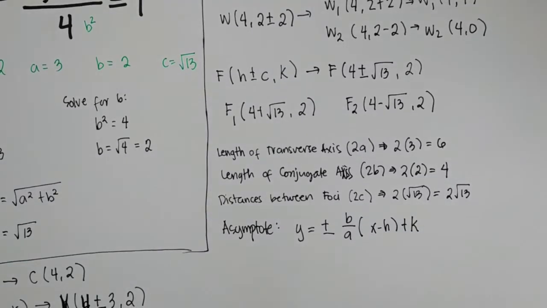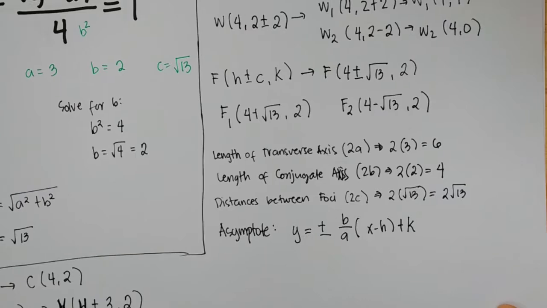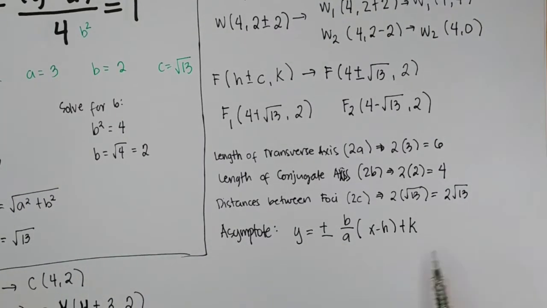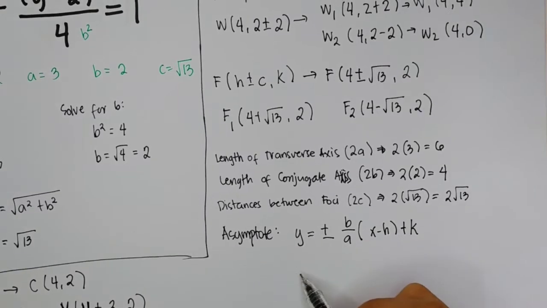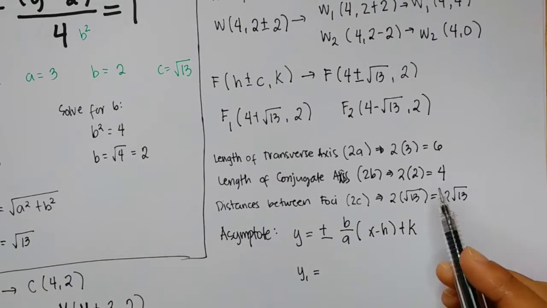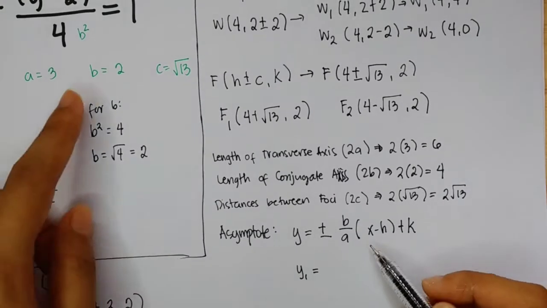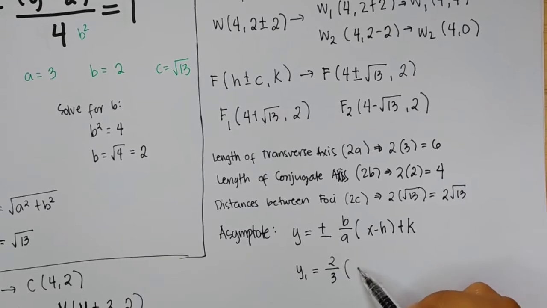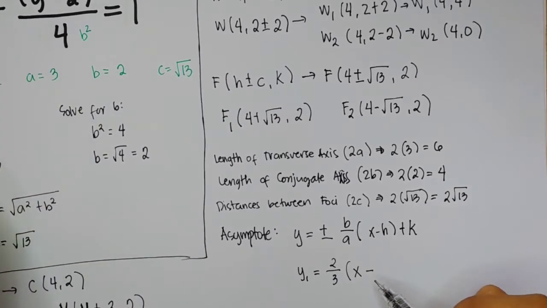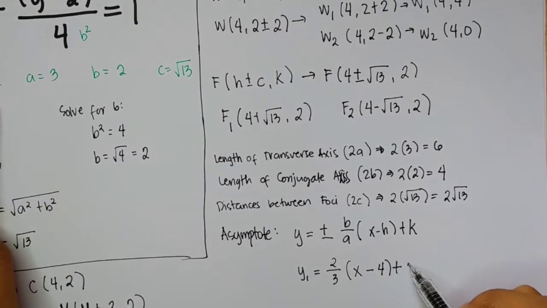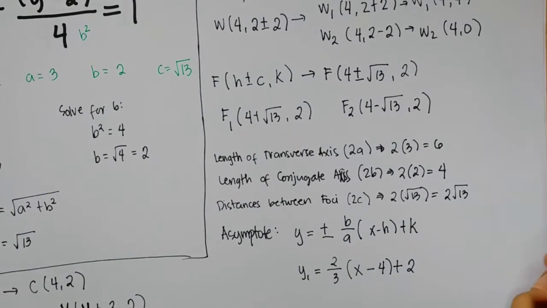So, yan yung formula ng asymptote natin for our horizontal hyperbola. Okay, so solve natin itong asymptote dito. We have here our y1. Since positive, negative din tayo. So, positive tayo. b, ano yung b? We have 2. Yung a is 3. So, we have 2/3 (x minus, ano yung h natin? We have 4), then plus yung k natin na 2. So, that is our asymptote 1.